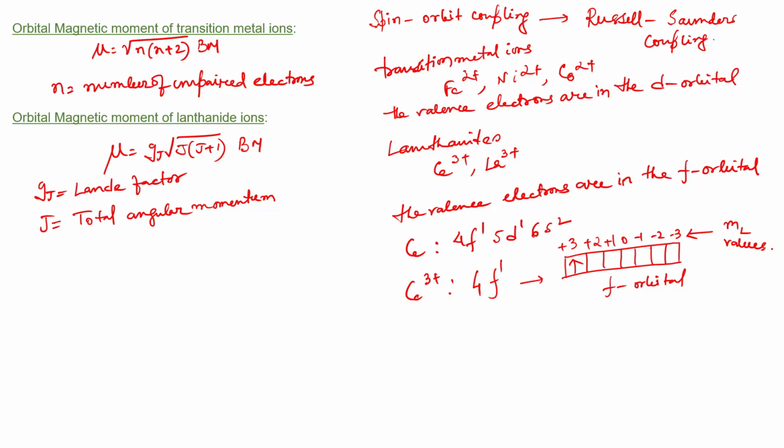Since the valence electron in case of cerium or any lanthanides is present in the f orbital, the f orbital is situated very deep compared to the d orbital or s orbital or p orbital. Thus, the effect of ligand is very much less or negligible on the f electron.